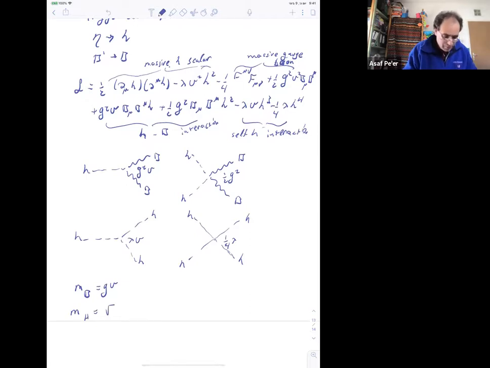It's just square root of 2 lambda V. So the vacuum expectation value V gives us the right scaling of the masses of both the Higgs and the gauge boson. They're both linear, proportional directly to V.